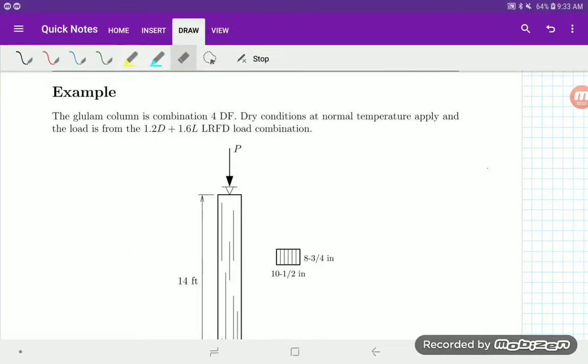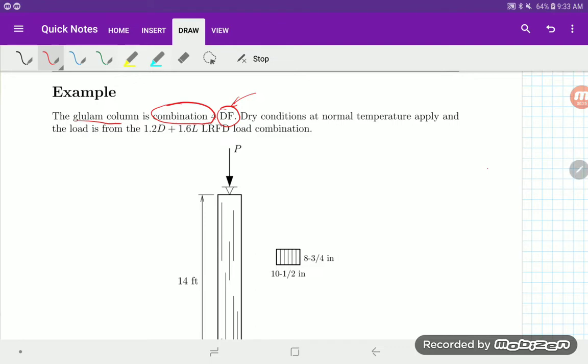This example is on the design check of a column. This is a Glulam column, and this Glulam column has combination 4 as for the layup, and it's a Douglas fir column, so it's a softwood column.